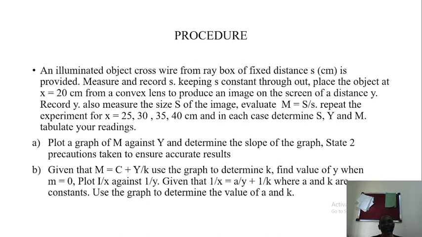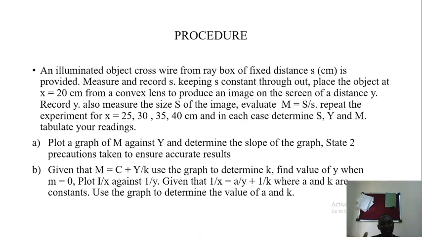Where you have the sharpest image is where your Y will be. Here we are talking about object distance and image distance, but we are using the interval between the X and the Y to get our image distance on the screen.